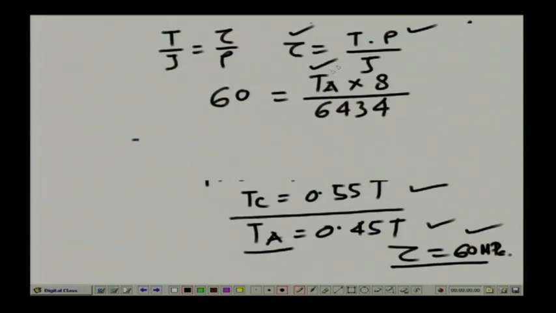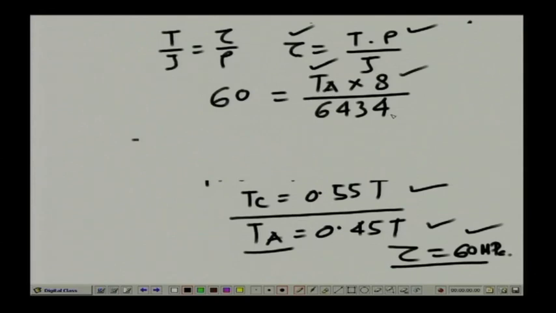Since we are using the twisting moment T_A over the part AB, if we take a section in between AB, then the resistive moment also will be T_A. So, over the part AB the stress is equal to T rho by J, where rho is 8 and J is 6434.